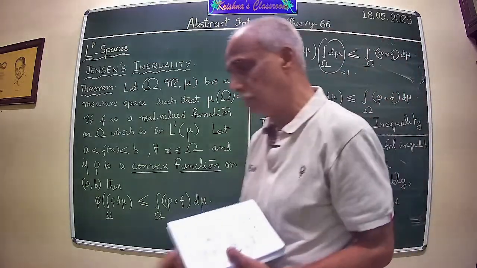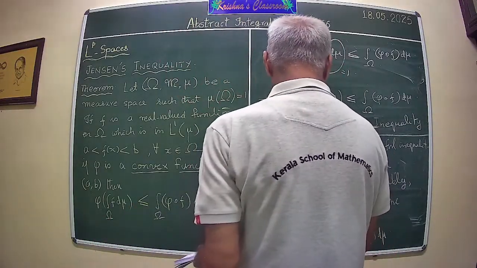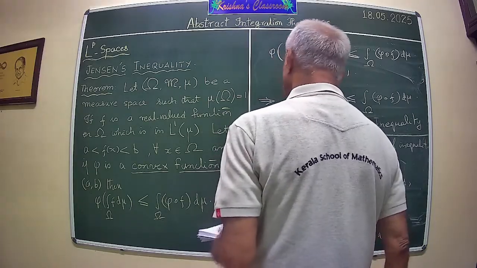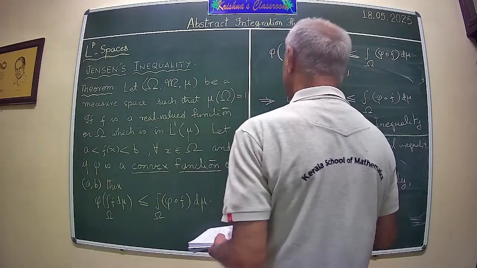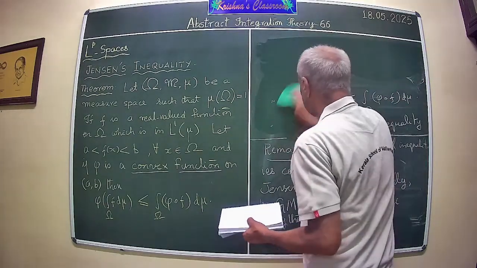Now we have a lot of things that you can choose. You can choose not only phi, you can choose f, and mu you can choose, sorry, omega you can choose. So what we do is we make the following choices.